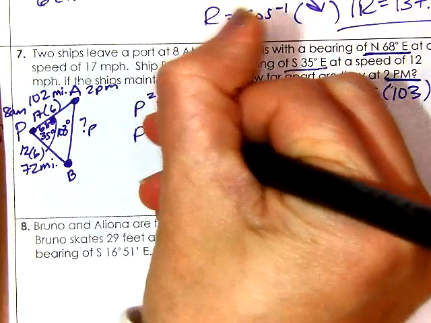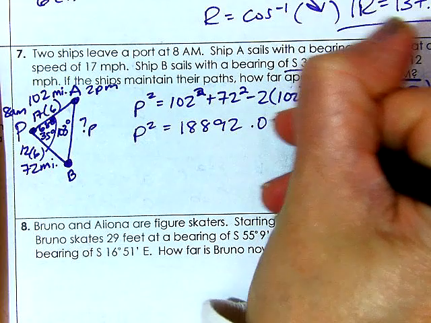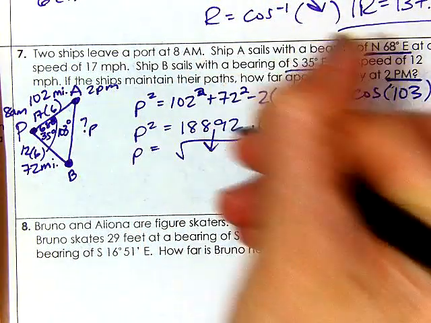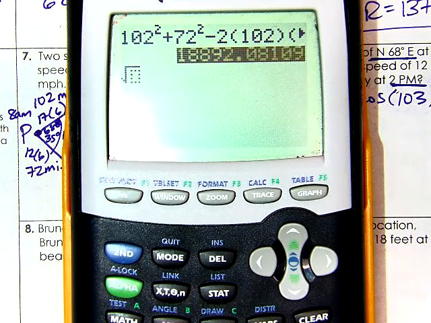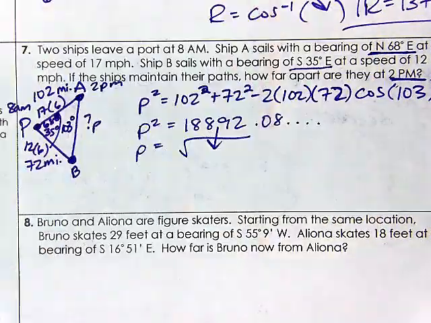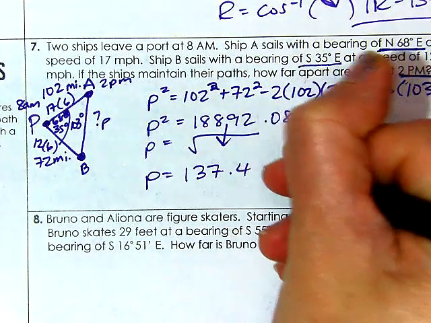So P squared equals 18892.0 dot dot dot, and P will equal the square root of that number. So second square root, highlight, enter, 137.4. So they are 137.4 miles apart.